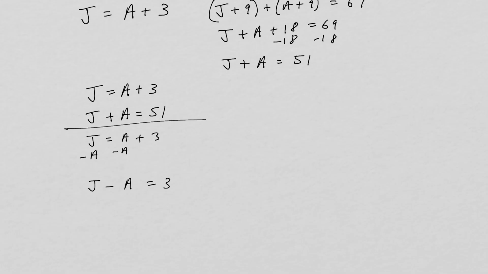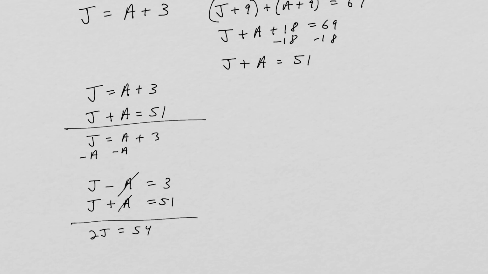And then the second equation I can leave, right? The J is there plus A is equal to 51. Now notice, actually, this is nice because I don't have to do anything else. My coefficients are equal and opposite on the A's, right? I have -1 and a +1. So immediately I can go to adding these two equations together. The A's are gone. I'm going to get 2J is equal to 54.